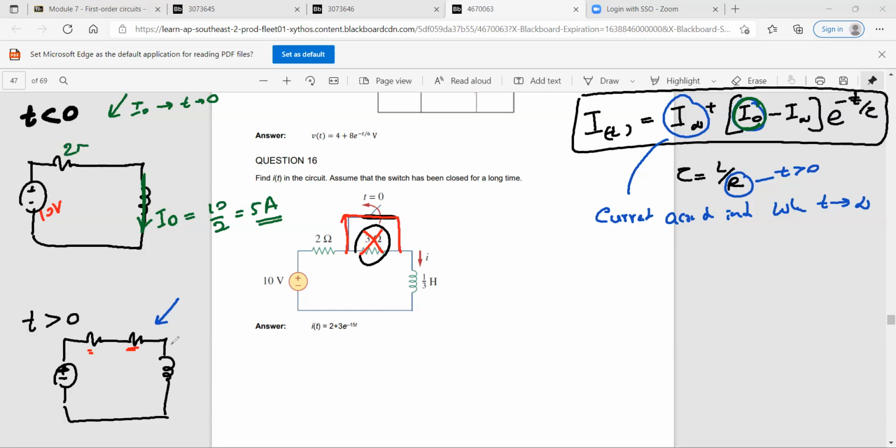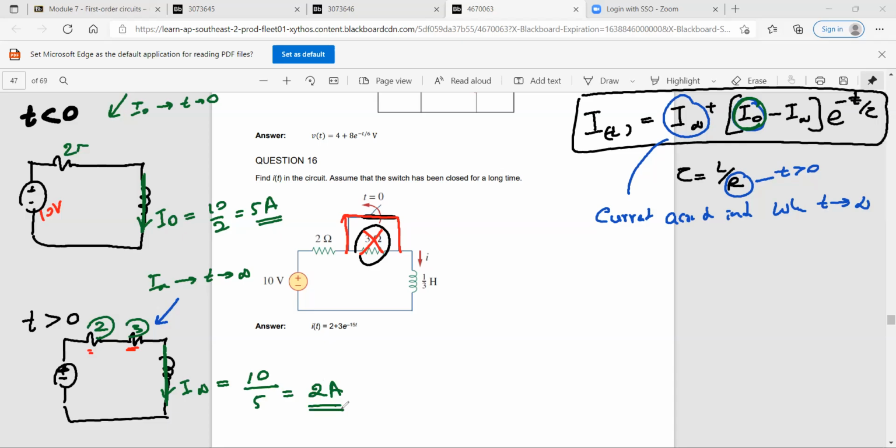And when you consider the I infinity, it is the current when the time goes to infinity. When the time goes to infinity, this inductor will be fully charged again, and this current we call I infinity. So this current will be 10 divided by 2 and 3, which are in series. So this is 2 amps. Do you agree?